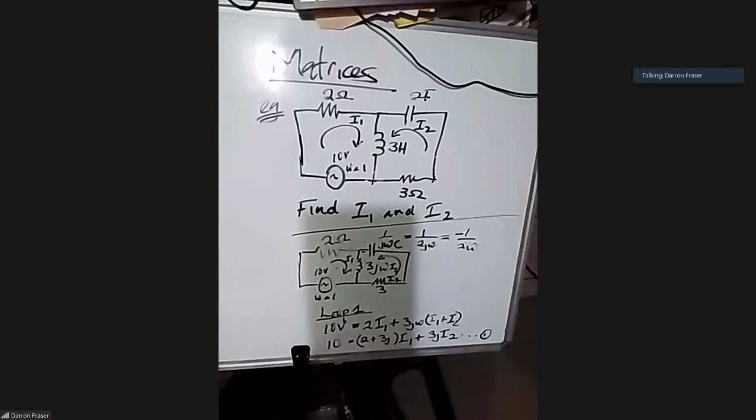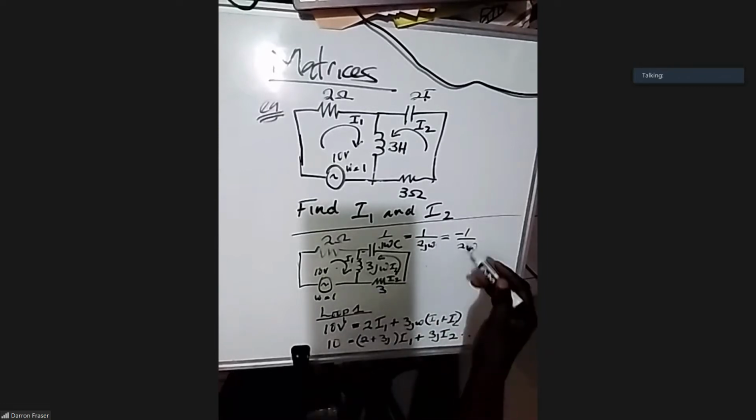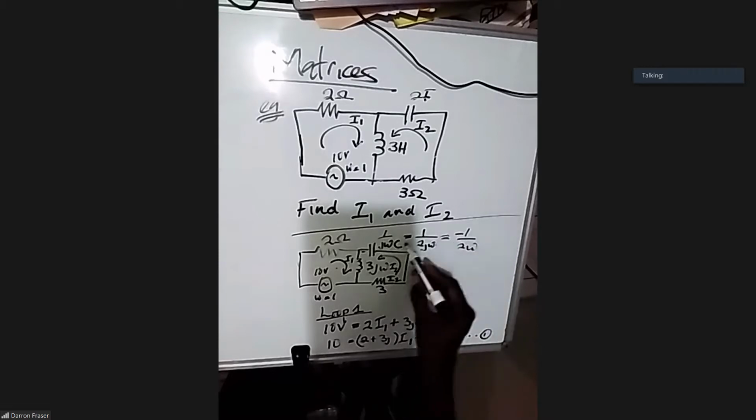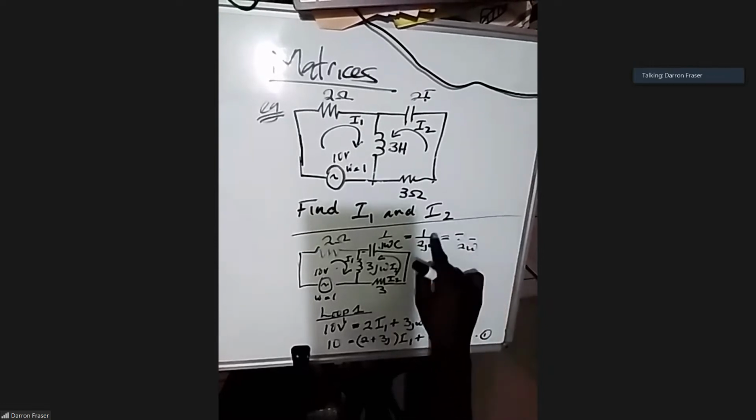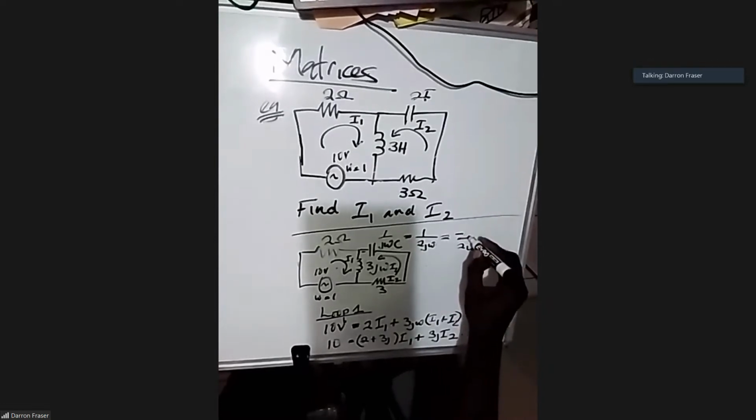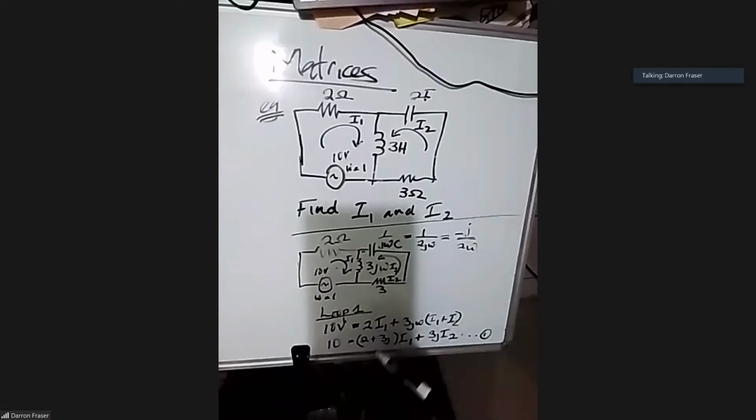So while we're at it, you can just write down, oh, sorry about this, this is J. So multiplying top and bottom by J, this is going to be J over omega.